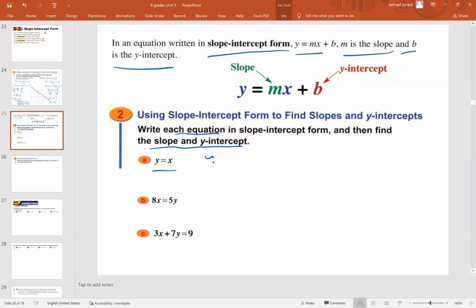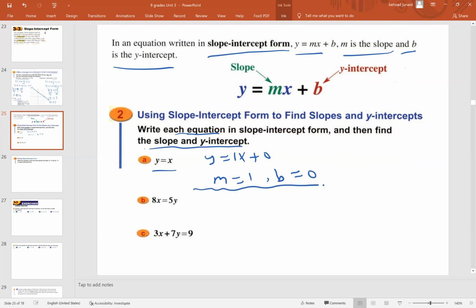You can write y equals 1x because the coefficient is 1, and if you do not have anything after x as a y-intercept, you are going to add 0, and then you can say m equals 1 and b equals 0. That's all for equation A.